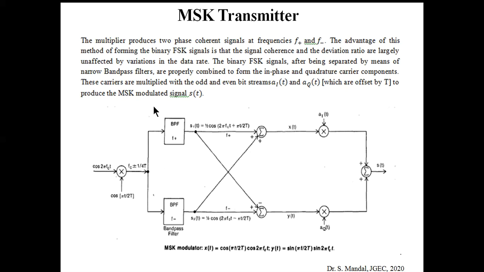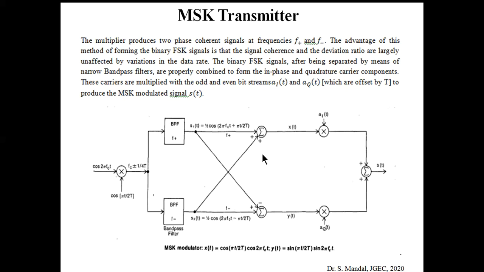This signal is applied to two different bandpass filters. The first one has center frequency f plus, and the second one has center frequency f minus. The output of the first, or upper, BPF is 1 half into cos(2 pi fc t plus pi t by 2T), and the output of the second, or lower, bandpass filter is half into cos(2 pi fc t minus pi t by 2T).